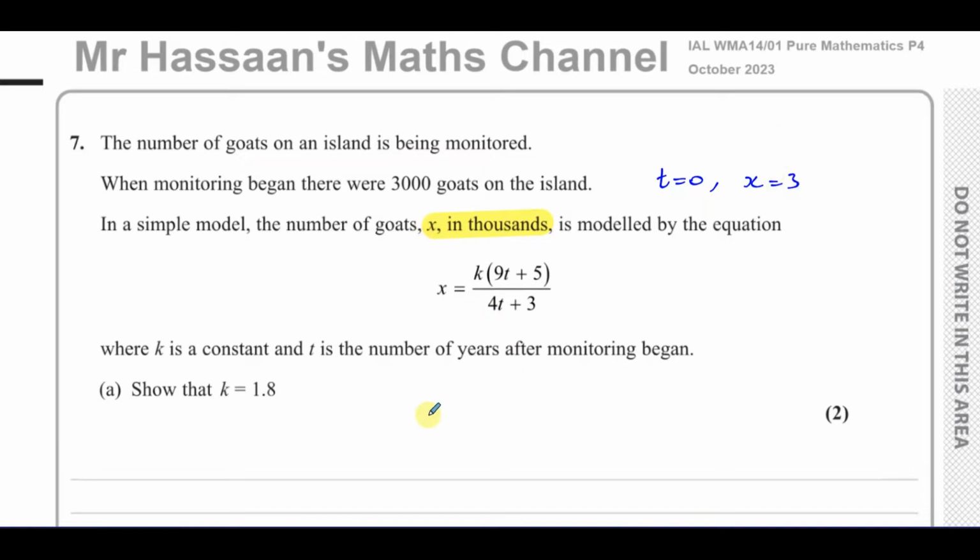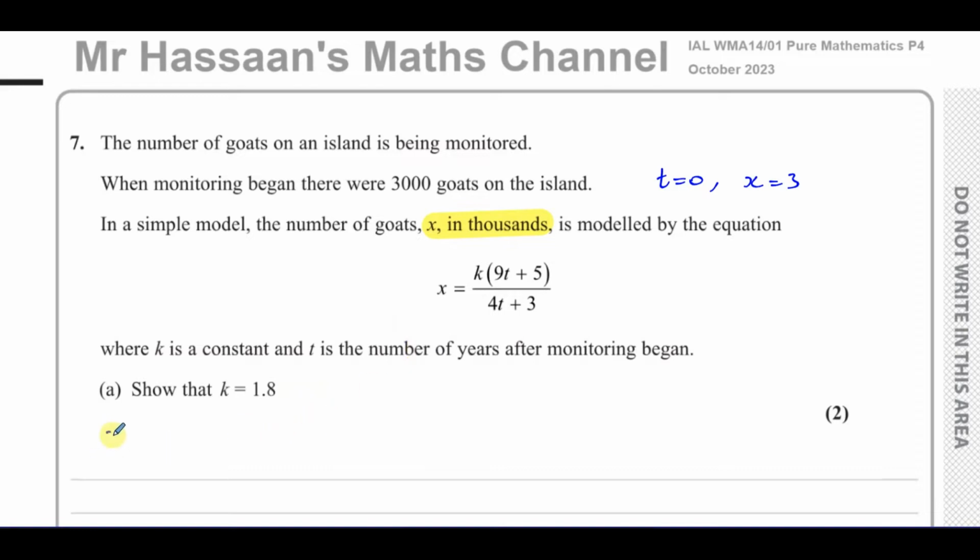And again, that's going to be important, and I think the reason they told you to show that k equals 1.8 is because if you use x as 3,000, your answer will come out incorrect. So I think they have done that to make it apparent to think again. Sometimes they do that to push you back on the right track in case you had a misunderstanding. That's kind of a bit kind of them. But anyway, show that k equals 1.8.